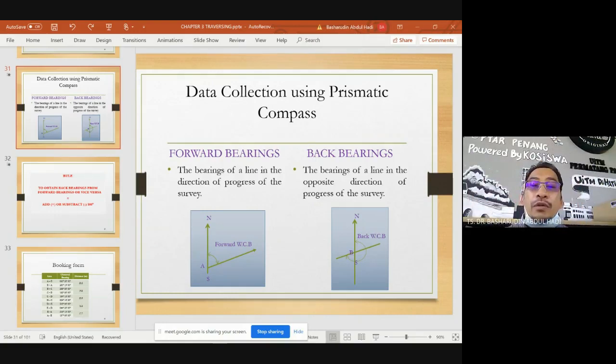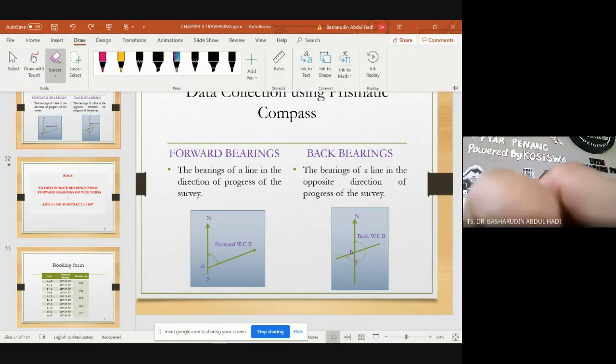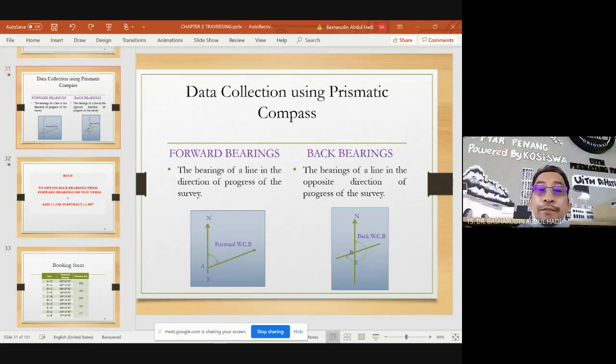Okay. So you remember forward bearing and then back bearing. Forward bearing is from A to point B, so that is what we call forward bearing.